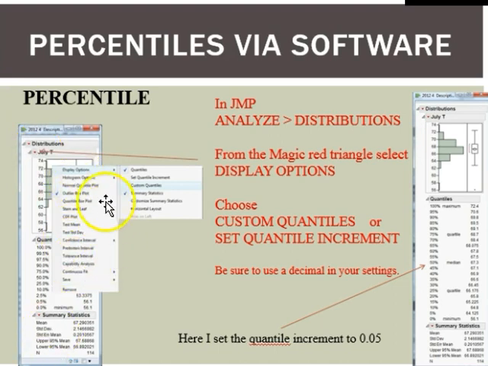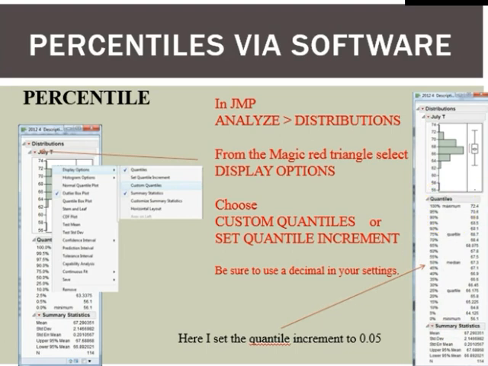And from the list that we have here, we just can go to the display options and ask for some additional display, including custom quantiles. We can actually enter the quantile that we're looking for, or we can just set a quantile increment. So in this example, I set the increment to 0.05, so it gave me every 5% increment from 0 to 100.